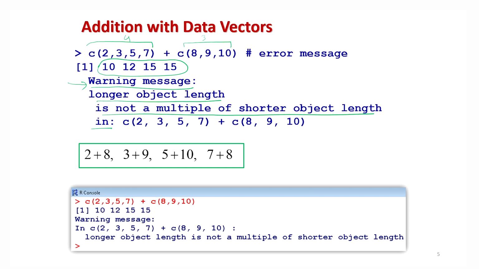The shorter object length has value 3 and the longer object length has the value 4. There are 4 elements and 3 elements, and 4 is not a multiple of 3. This is how we are going to interpret different types of messages which R is trying to give us, right?